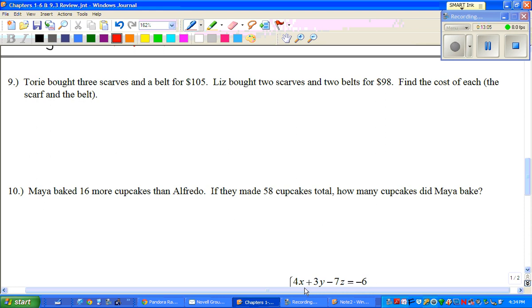All right, number 9. When we're reading our word problems, we need to clearly define what our x's and y's are. And the way we've always done it is whatever is first, that's what x is. So scarves and belts.